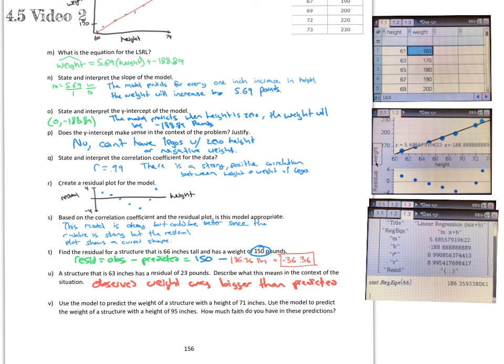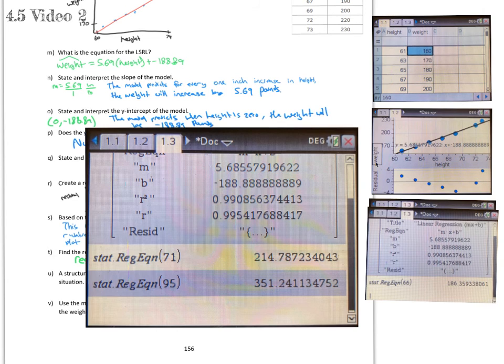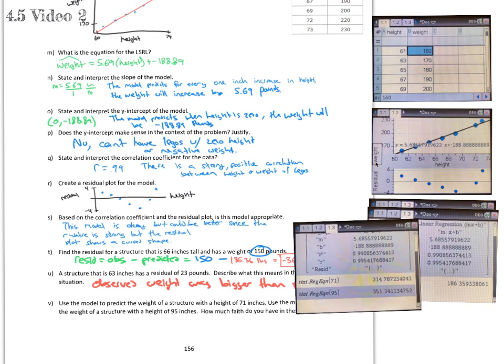And finally, we're going to use the model to predict the weight of a structure with a height of 71 inches and then a height of 95 inches. Okay, so do the same thing, stat.regression with 71, then with 95, and see what you get. So you should get 214.78 and 351.24. So let's move this off to the side here.